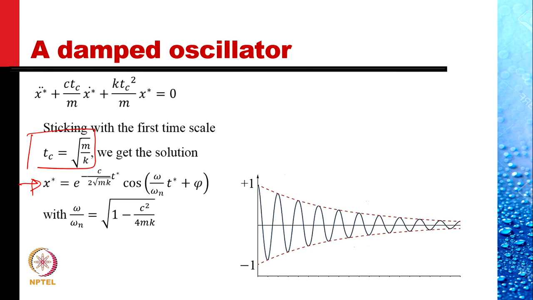Notice that in this solution, both the time scales are present. This curve that marks the envelope of the amplitude has the time scale of c by under root mk. So this time scale is for the damping of the amplitude.